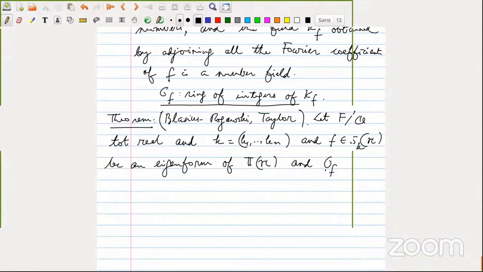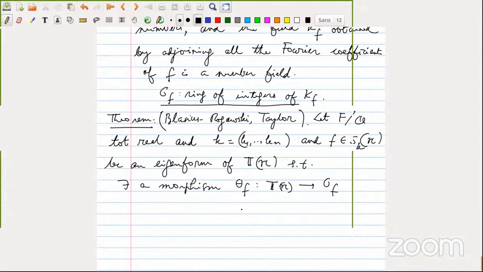Once I have an eigenform of the Hecke ring T_n, there exists a morphism theta_f from T_n to O_f. So what does this theta_f do?